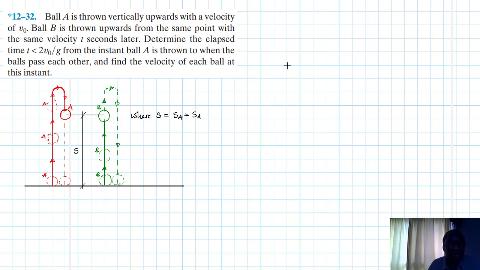So I'll talk about just 3 basic kinematic equations that we need to always remind ourselves of when we are dealing with problems like this. What are these?